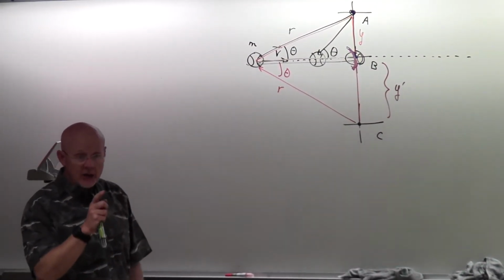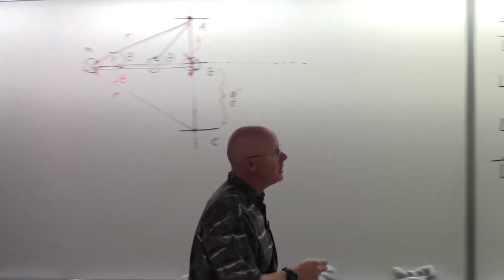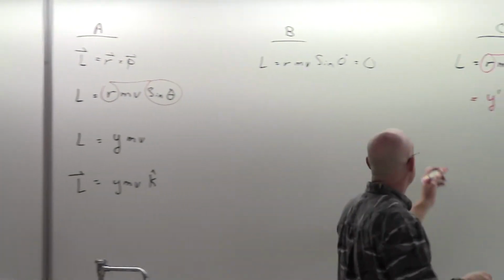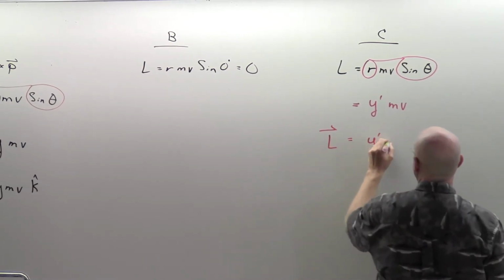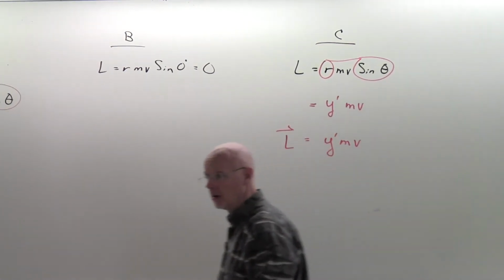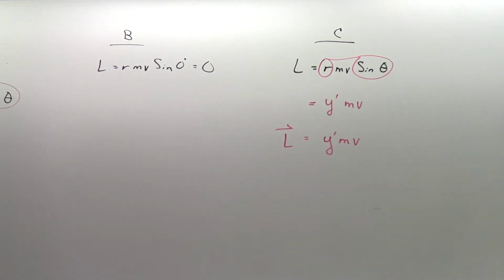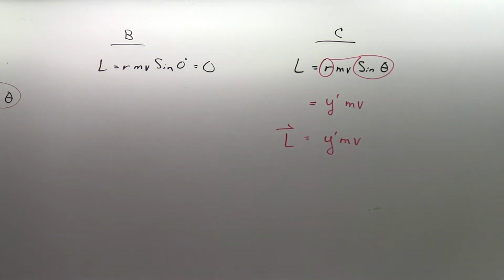And let's look at the direction now. What direction is the angular momentum? Well, if I do my right-hand rule, I will put my fingers in the direction of R. I'll need to rotate my hand around so I can close it towards P. Which way is my thumb pointing? In.